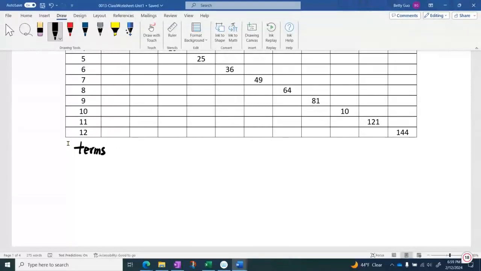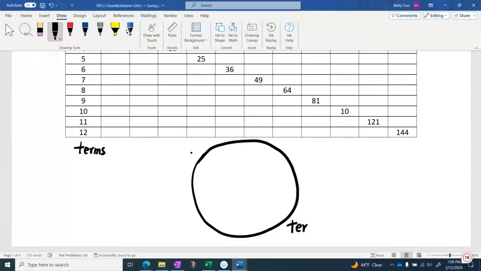What is a term? We do not have to worry about what a term is today. Actually, we do not have to worry about the formal definition of a term in the first 3 chapters, okay? We only need to learn today 2 types of terms.